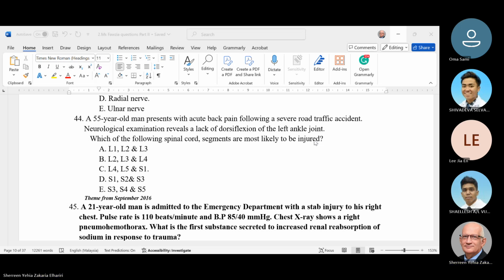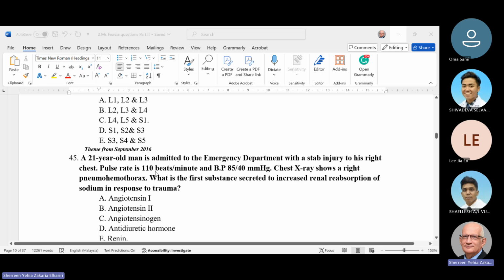Dorsiflexion of the left ankle is L4 and 5. Plantar flexion is S1 and 2. So this patient has lack of dorsiflexion, so L4 and 5. Of course, this area of the ankle is also supplied by S1 as a dermatome, so the answer is L4, L5, S1. So it is important again to remember dermatome and myotome.